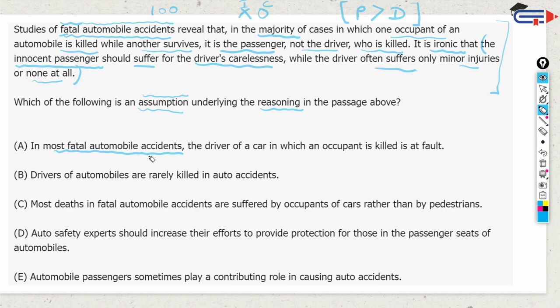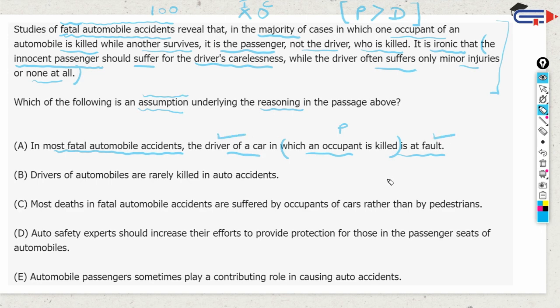In most fatal automobile accidents, the driver of a car in which an occupant is killed is at fault. In which an occupant is killed would be the passenger, right? So in most fatal accidents wherein the passenger is killed, the driver is guilty.